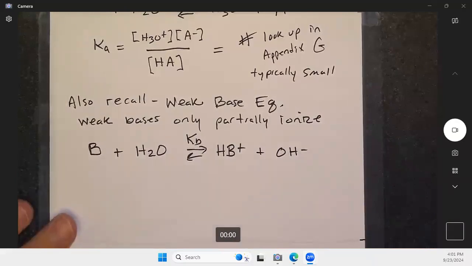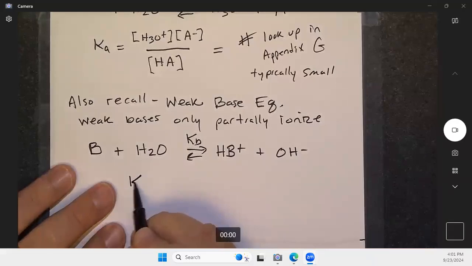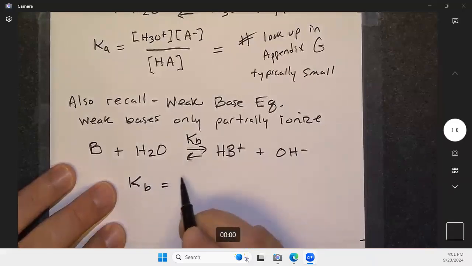We can also write the expression for Kb, just as we've done before.